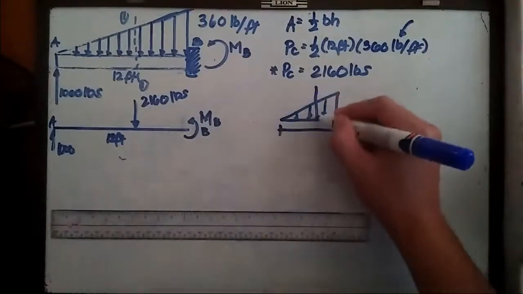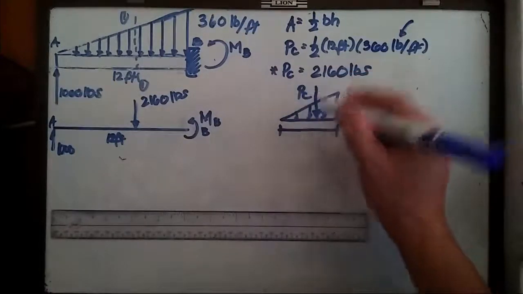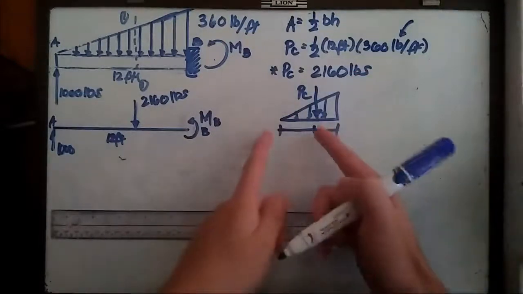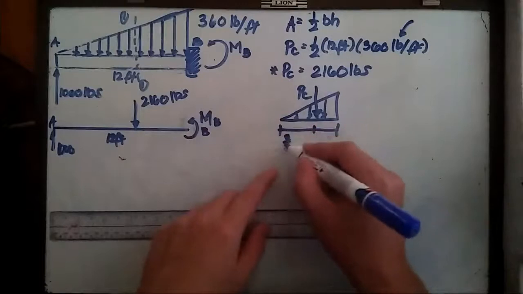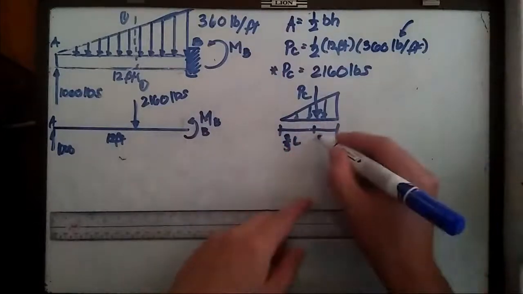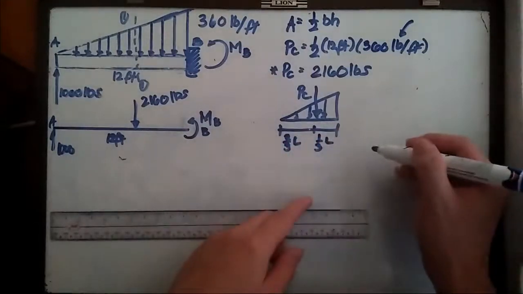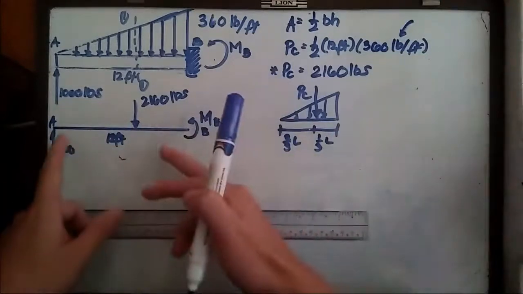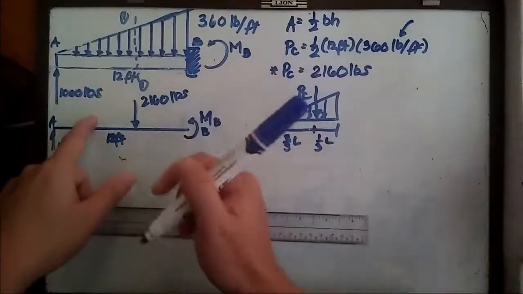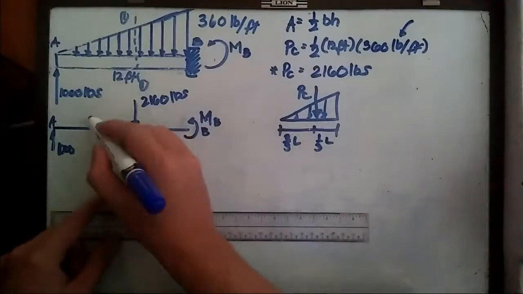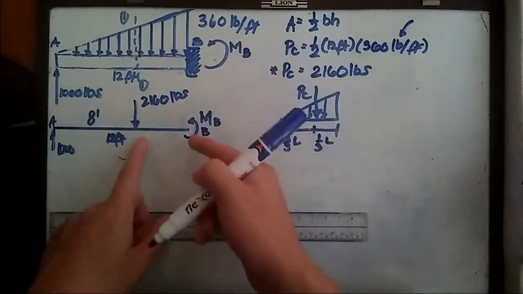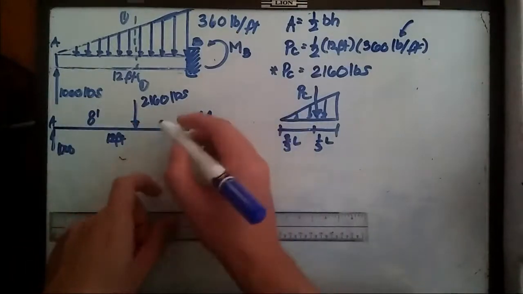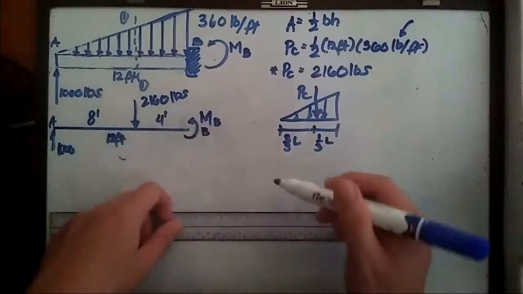Let's assume this is P sub C, the concentrated load. This portion of the right triangle is 2/3 of the length, and this one is 1/3 of the length. If the whole length is 12, then 2/3 is 8 feet, and 12 divided by 3 is 4, so that is the 1/3.